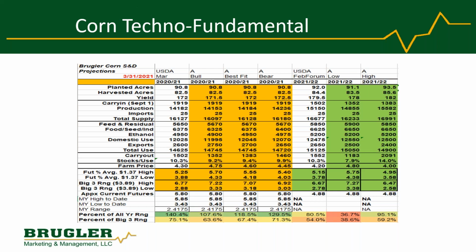Moving over to the new crop, the low production estimate, which is the second column in from the right, is using USDA's 91.14 million acres from the intentions report. For this one, we dialed in a 178 yield, which is a bushel and a half below what USDA used in February at the forum.